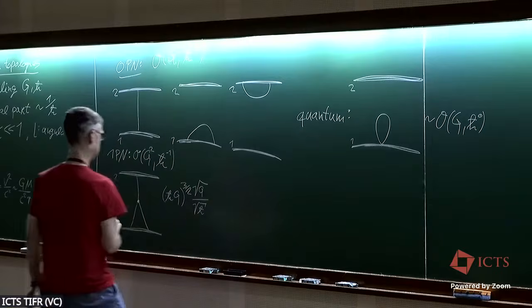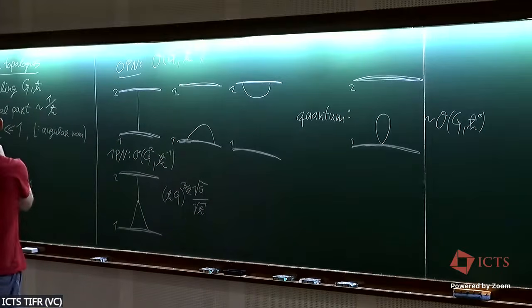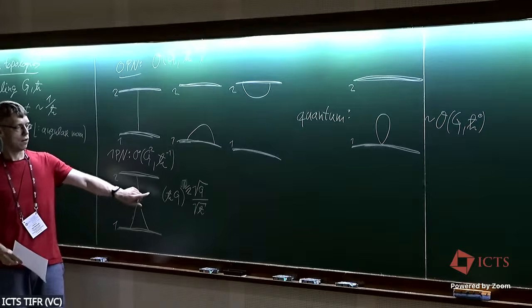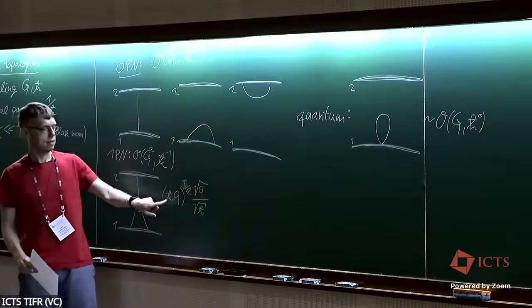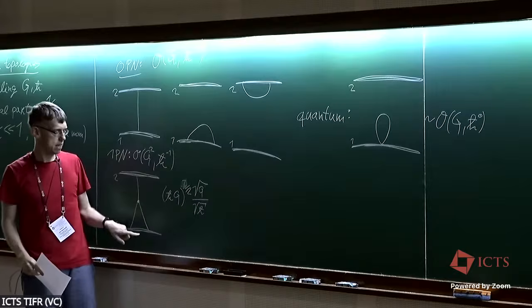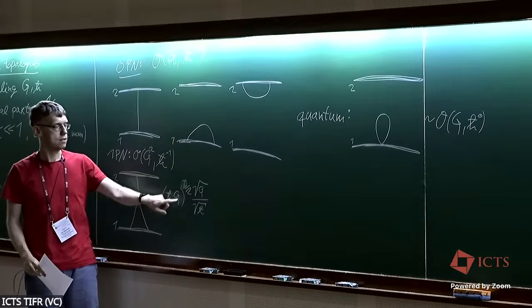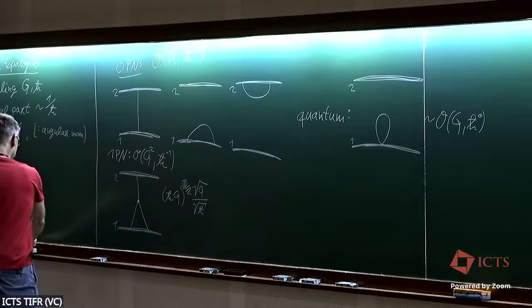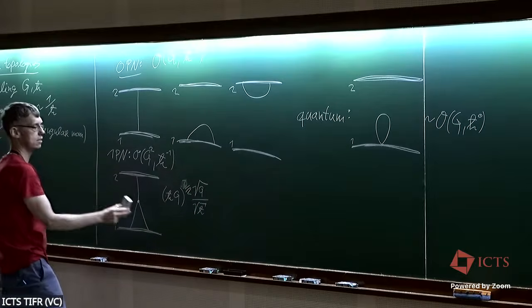Wait, now I'm confusing myself. Okay, here's the n-2, so this is just a square root. So the h bar cancels from the additional vertices that we are adding, and we get another power of g. So this is all right, this is exactly at this order.